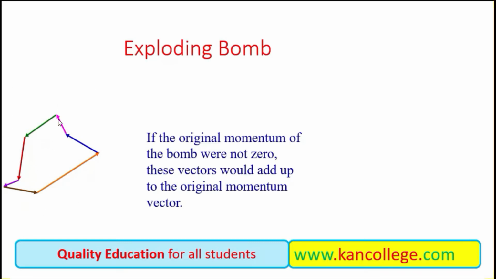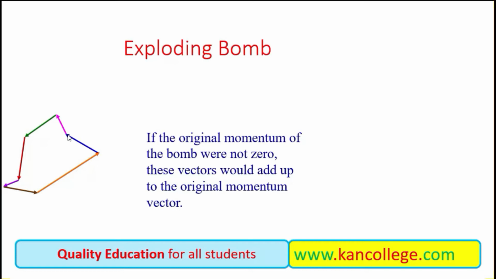If you see, there are different vectors. These are actually momentum vectors, and these represent the momentum of each piece. You see that the sum of all vectors ultimately goes to 0.